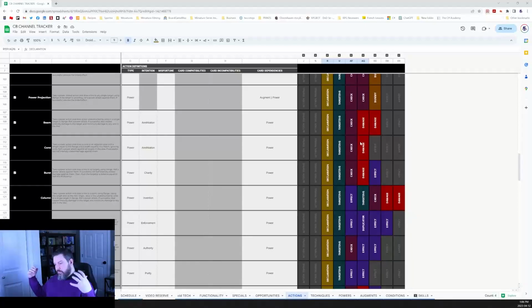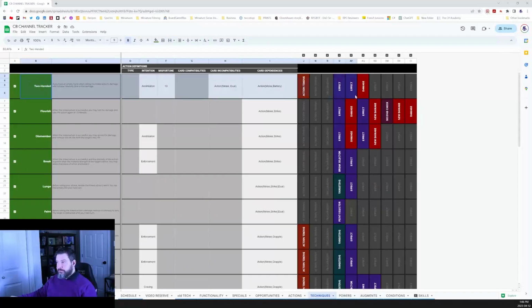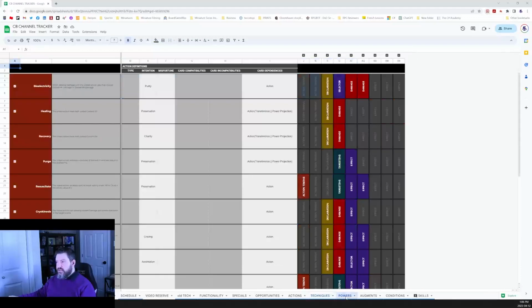Then, within the trainer, these operations can be replaced or reconstructed based on the other cards that you attach. So, for instance, if you have a strike, the rules would be different if you were to strike with two hands. This is what I call a technique. A technique modifies the way that an action is performed. Then there is a power.